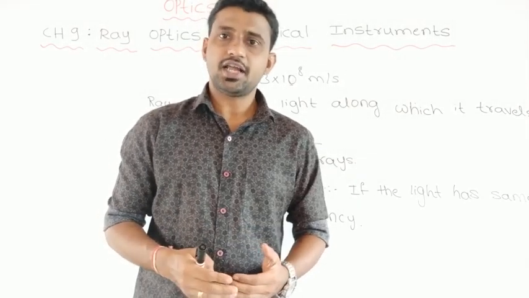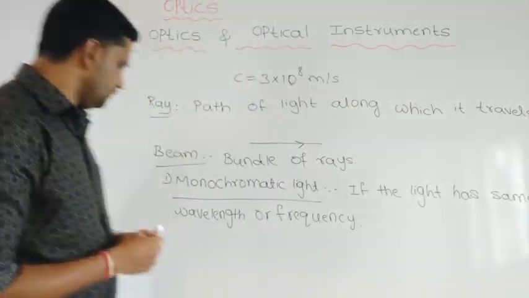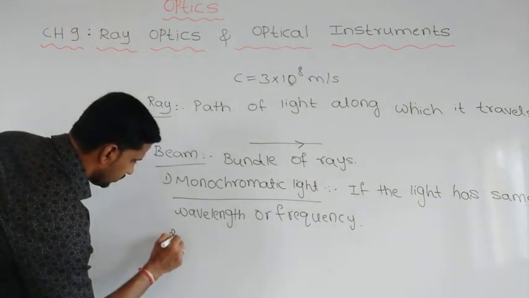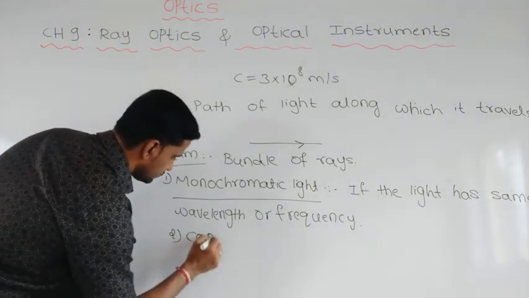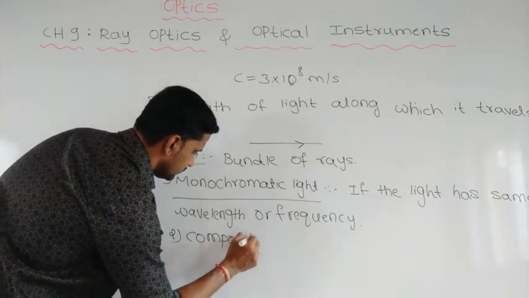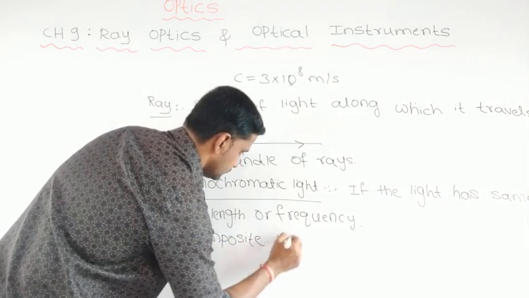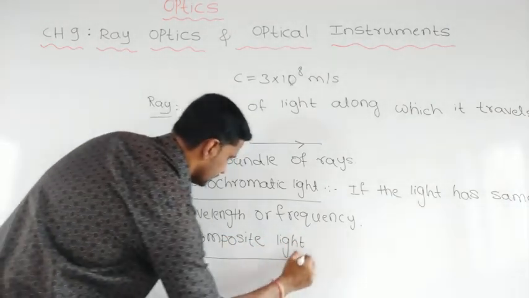And the second type of light is composite light. And what is composite light?